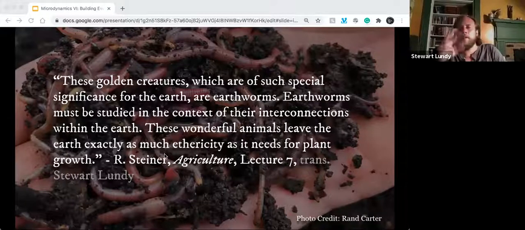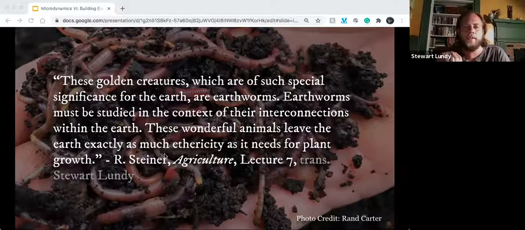Now, if the word etheric or ethericity is causing you trouble, swap it out with the word vitality, and it may make a little more sense. But Steiner even refers to these earthworms as release valves. They're releasing excess vitality, and that's why if you have pure earthworm castings, particularly if there's not too much salt in it, it's a wonderful boon for plant growth.